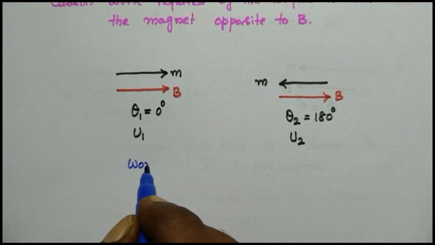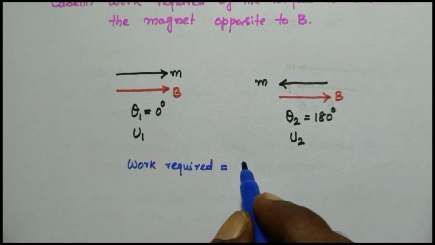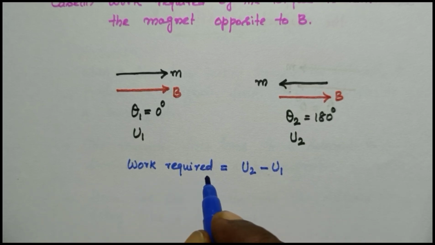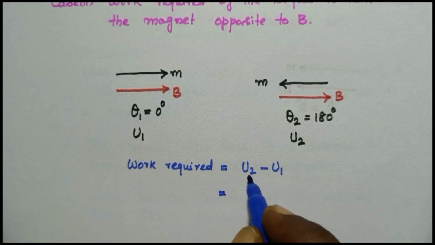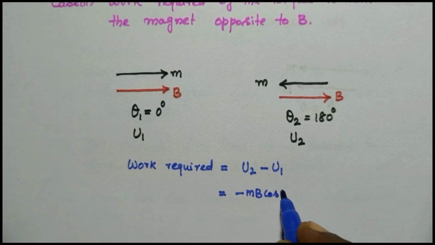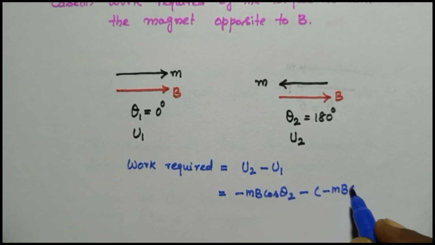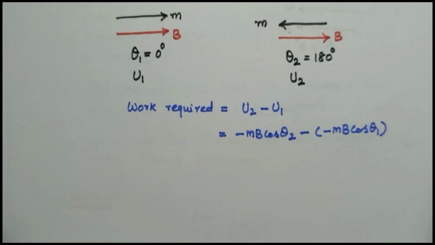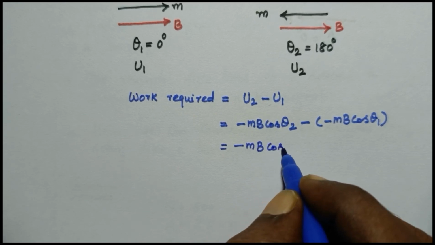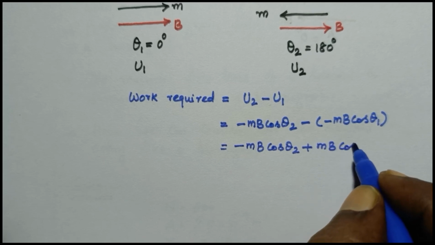Work required is equal to difference in the potential energy, that is U2 minus U1. The potential energy difference is the work required by the torque. This is equal to, we know U2 is minus mB cos theta 2, minus U1 is minus mB cos theta 1. This is equal to minus mB cos theta 2 minus of minus, plus mB cos theta 1.